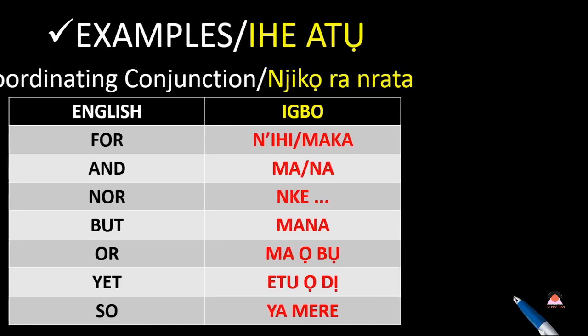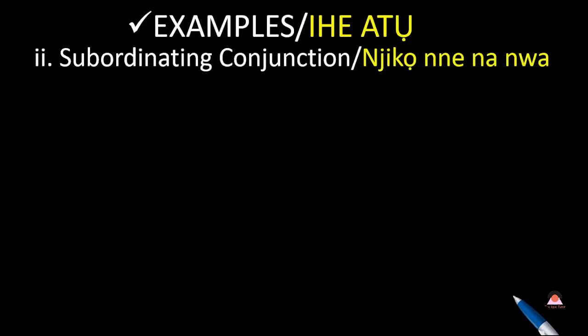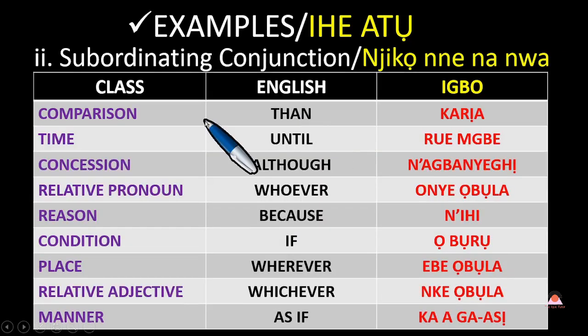Let's look at other types, and then we're looking at subordinating conjunction now, and we'll look at the examples. We're going to have a table too for this, but in subordinating conjunction, we classify them according to the usage, and we have about how many classes here? 1, 2, 3, 4, 5, 6, 7, 8, 9 classes.